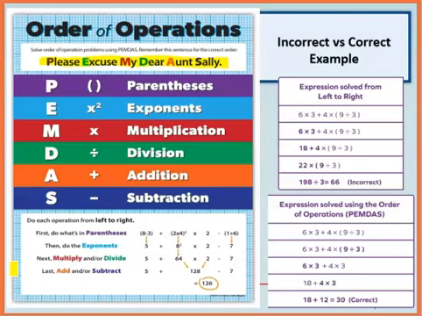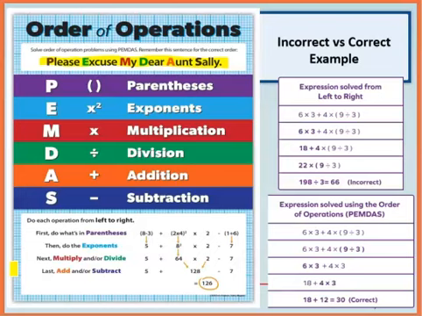If you happen to have two parentheses in a problem, you do the parentheses on the left first and then the parentheses on the right. Then you would do the exponents, then the multiplication, then the division, and last the addition and subtraction.